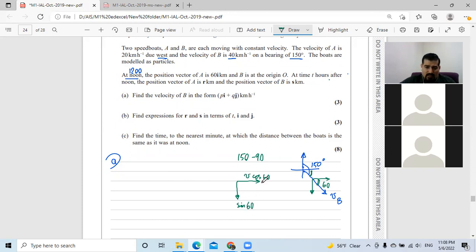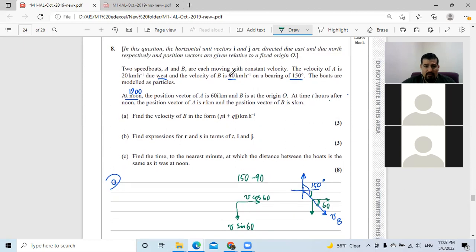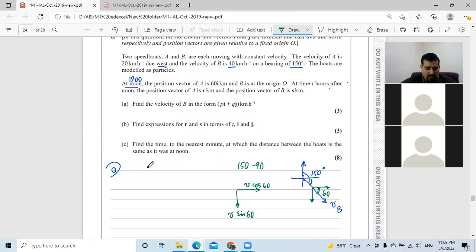If I want to do this in terms of i and j, and I know that the speed of B is 40 kilometers per hour, then the velocity of B equals 40 cosine 60 i plus 40 sine 60 j.